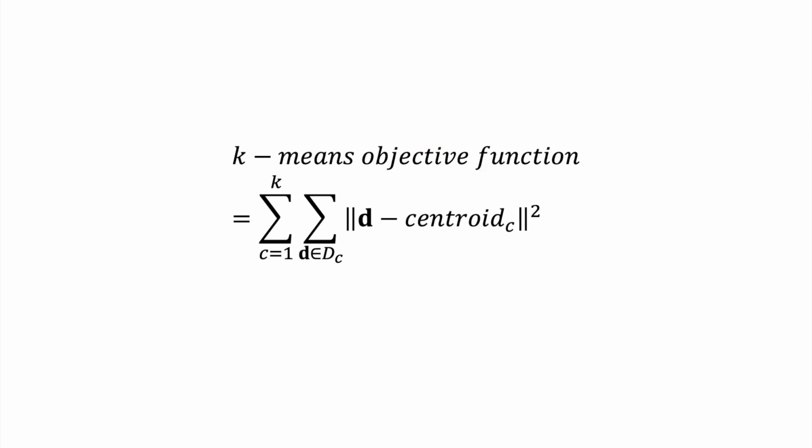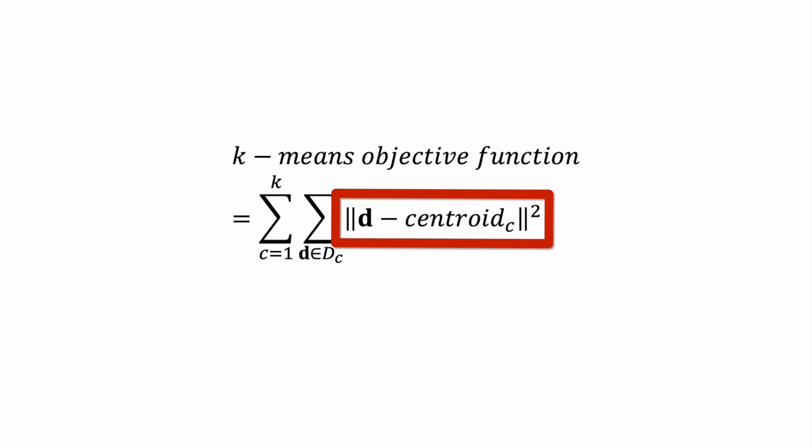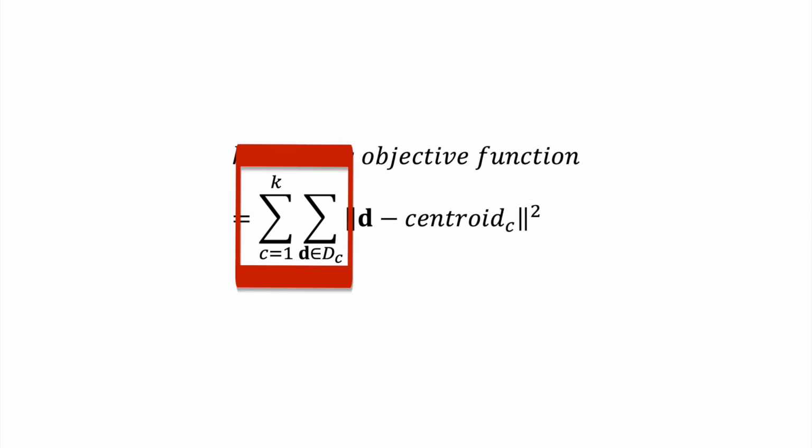Now, let us talk about the objective function. The objective function here is based on cluster assignments. In any state of the running k-means algorithm, we will have all the data points. For every data point, we know which cluster the data point belongs to, and we know the centroid of each cluster. The objective function is the squared distance between each data point and its assigned cluster centroid, summed over all data points.